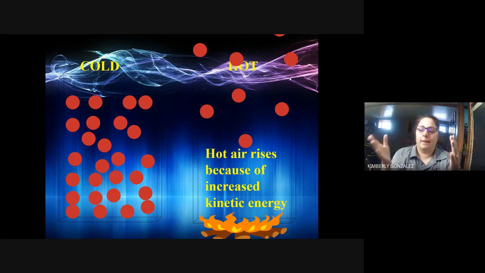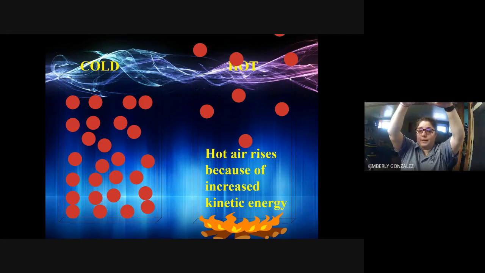What happens is you add heat, your kinetic energy increases, which makes your density decrease. You guys learned things that are less dense go to the top, right? You remember that? So that's why hot air is going to rise.